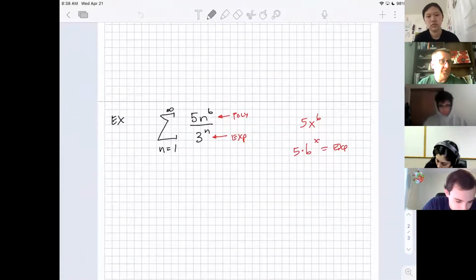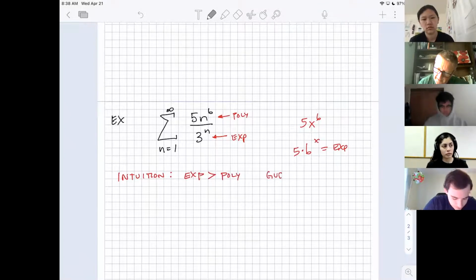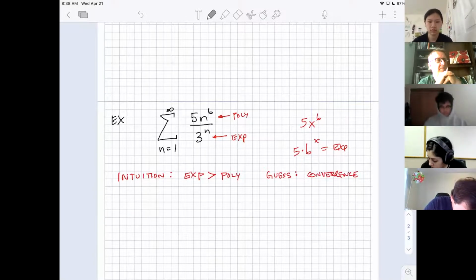So exponential is going to outgrow. So my intuition, which again, the book says nothing about: exponential outgrows polynomial, so I'm guessing this converges just because of that. But again, the question is how to prove it. How do you actually show that that's the case?